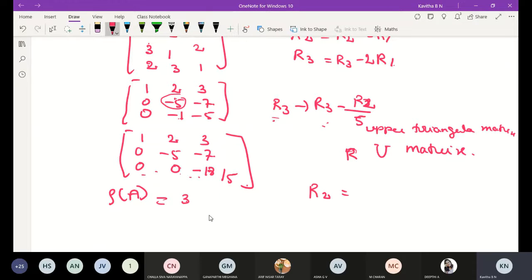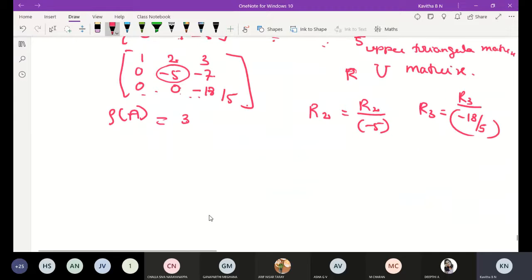Then R2 we convert to 1, that is R2 divided by minus 5, and similarly R3 is R3 divided by minus 18 by 5. Then you will get 1, 2, 3, and your rank of A is equal to 3. The given set of vectors are linearly independent.